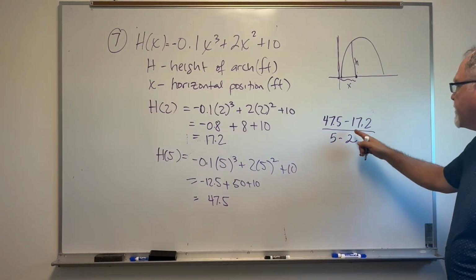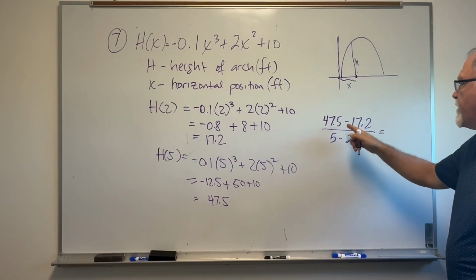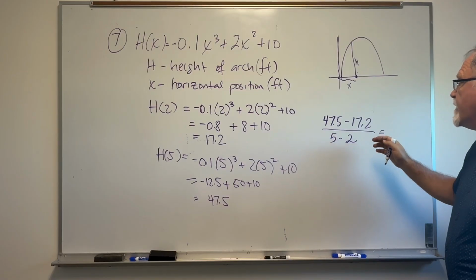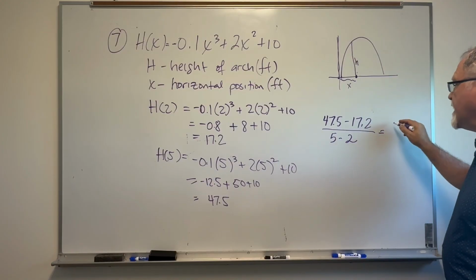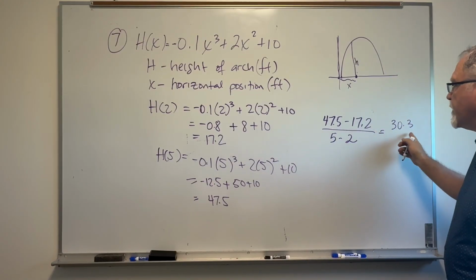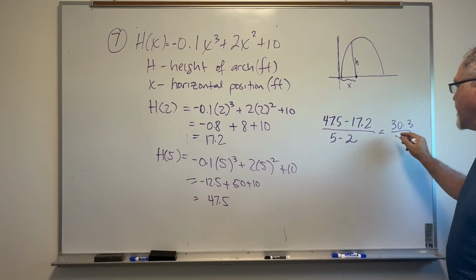All right, so let's see if we can figure this out mentally. It was 47.5 minus 17.5, which is not that much, but if it was, that would get me right down to 30. But I have to add back that extra. So I think this is 30.3. And I'll do mental math to check. Yeah, 30.3 there, divided by 3 in the denominator.